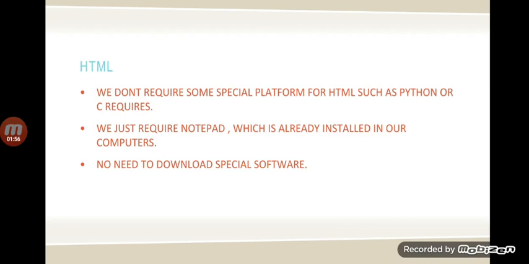And on PCs there's a Notepad type of application which is pre-installed. You don't need to download or update anything. We just need that, and the result will be seen in the browser.